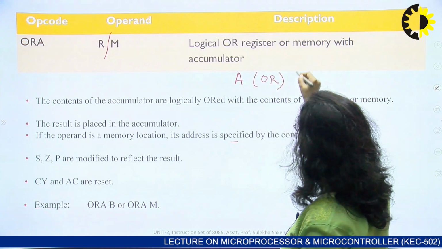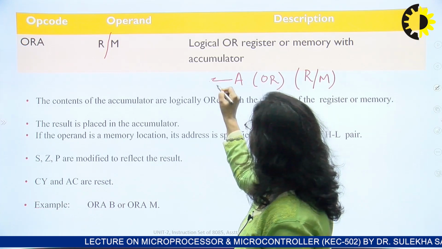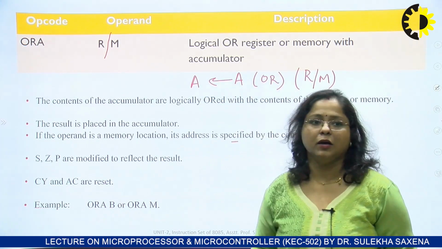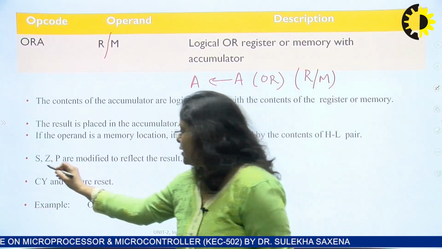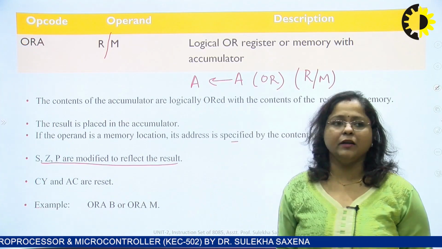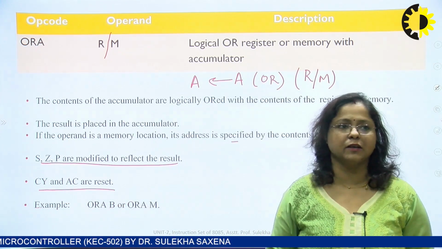Sign, zero and parity are modified, whereas carry and auxiliary carry flags are both reset.